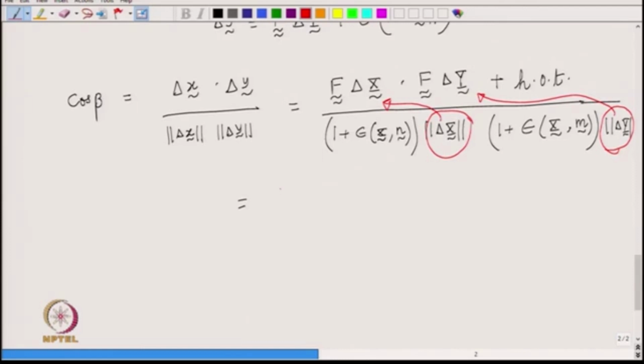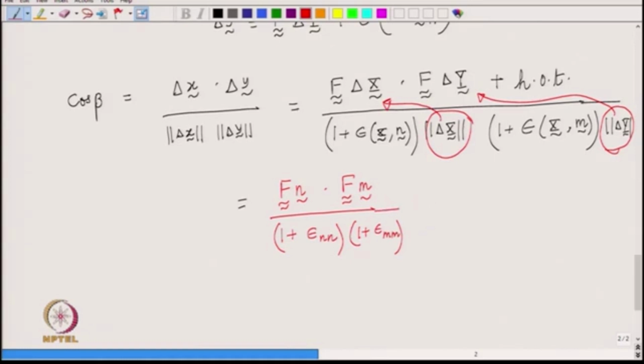So, we have F into n dotted with F into m divided by 1 plus epsilon in the direction of n, times 1 plus epsilon in the direction of m.